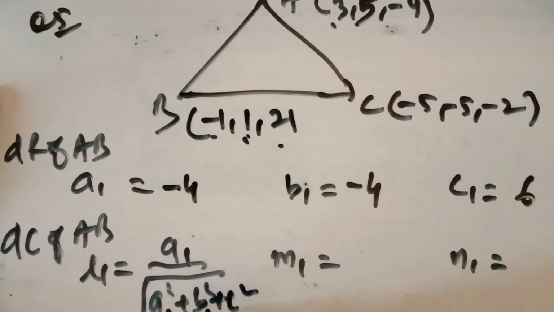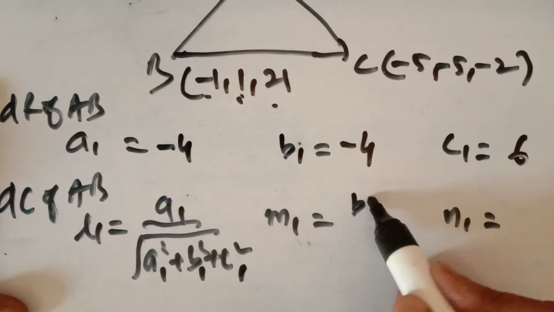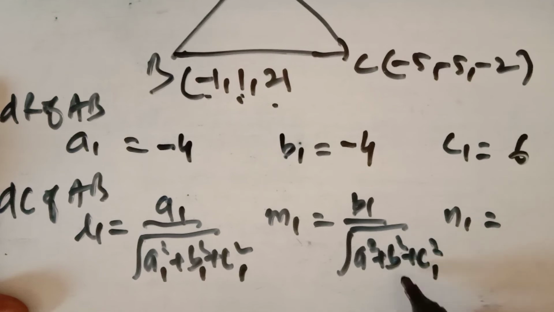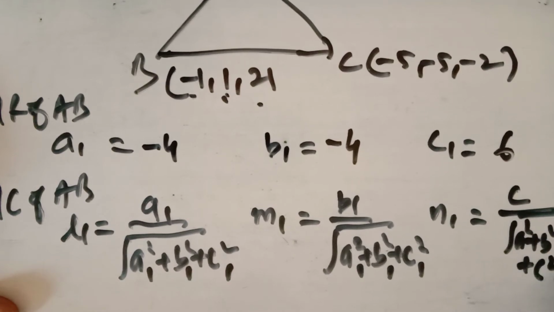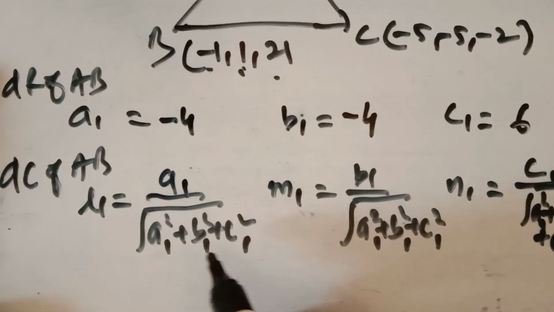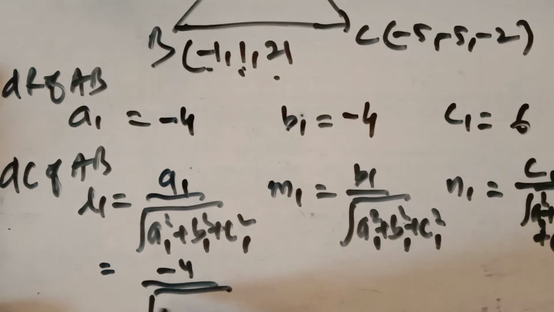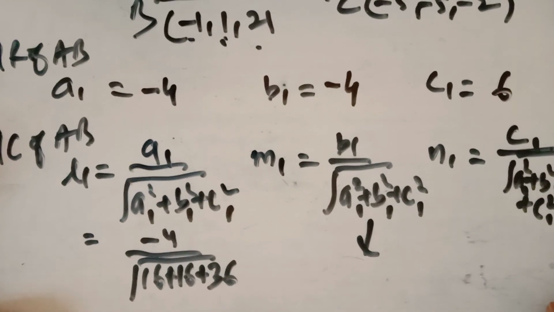Similarly, m1 is B1 upon under root A square plus B square plus C square, and n1 is C1 upon under root A square plus B square plus C square. Like this we find the direction cosines of AB, that is minus 4 upon under root A square plus B square plus C square. In this way you can find the direction ratios and direction cosines of AB.